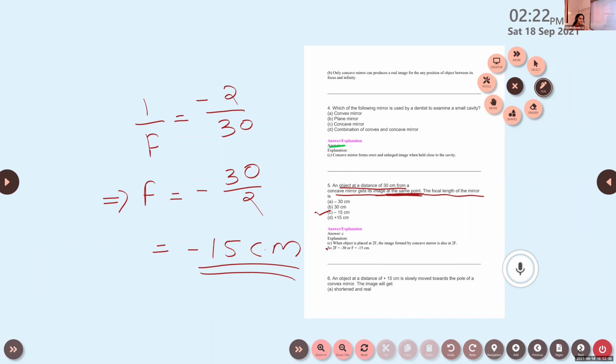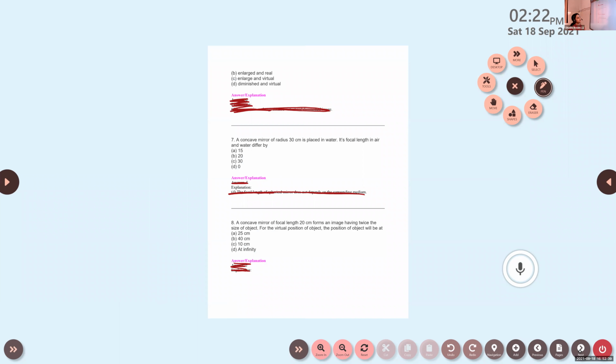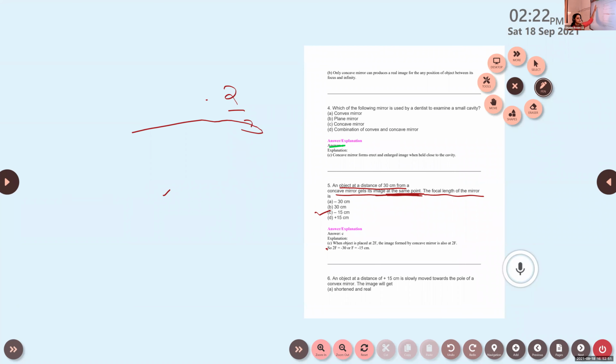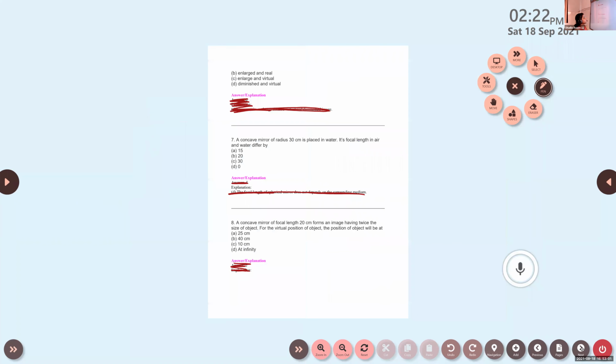The image will get: shortened and real, enlarged and real, enlarged and virtual, or diminished and virtual. Diminished and virtual.